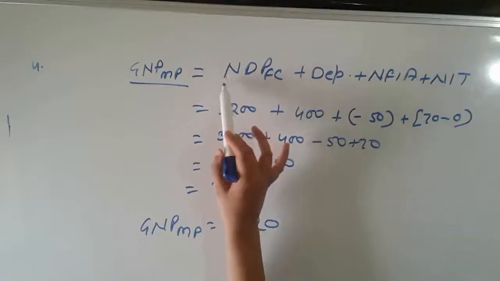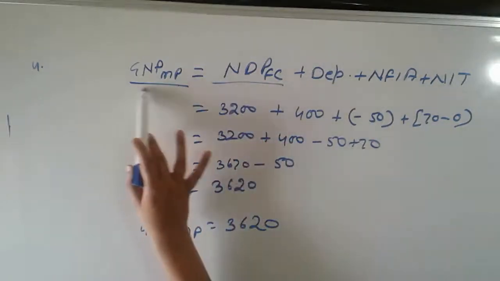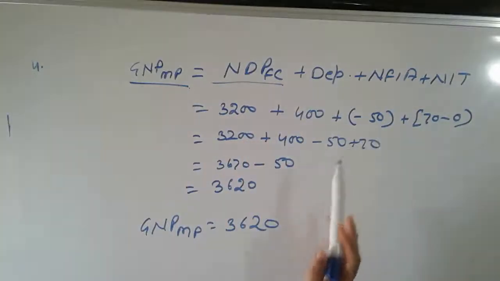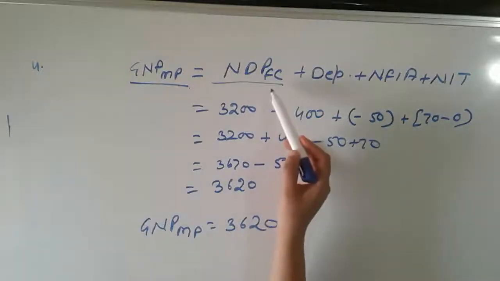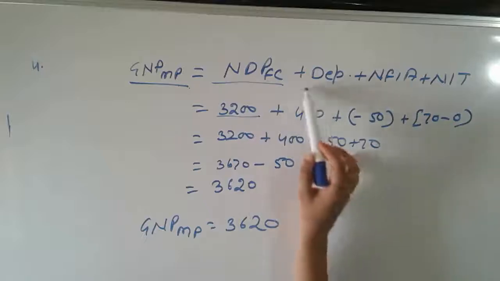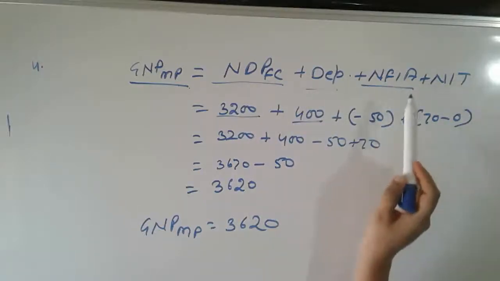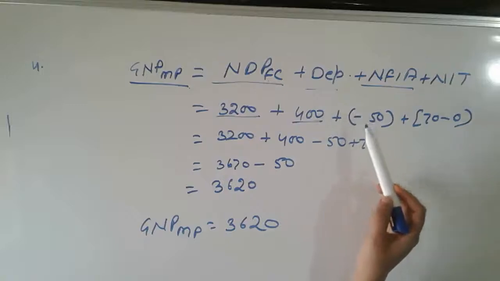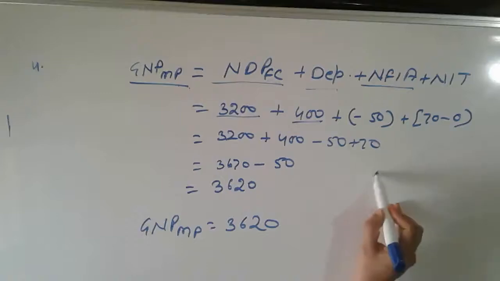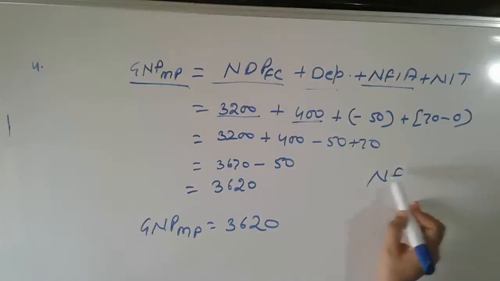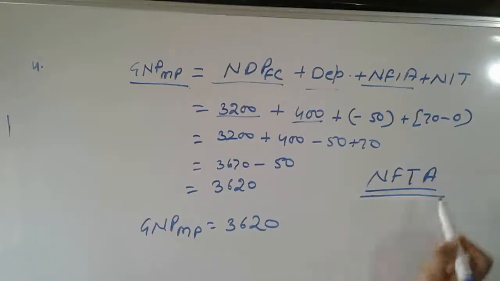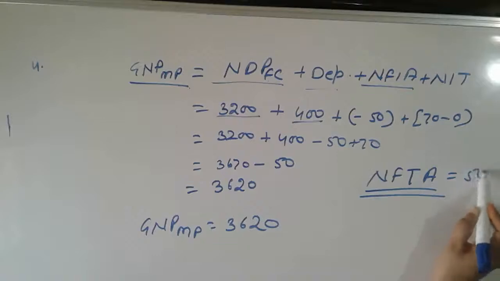In example number 4, we are given NDP at FC and we have to calculate GNP at MP. By solving this, net domestic product at factor cost is 3200, depreciation is 400. Net factor income from abroad is not given directly, but we are given net factor income to abroad, which is 50.